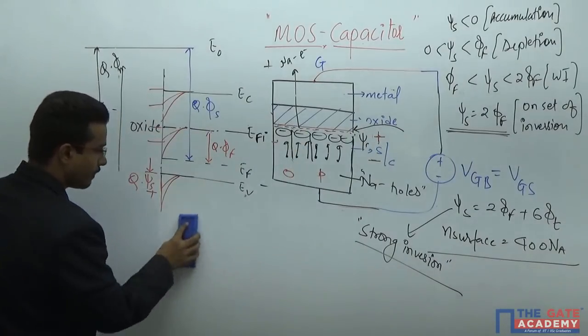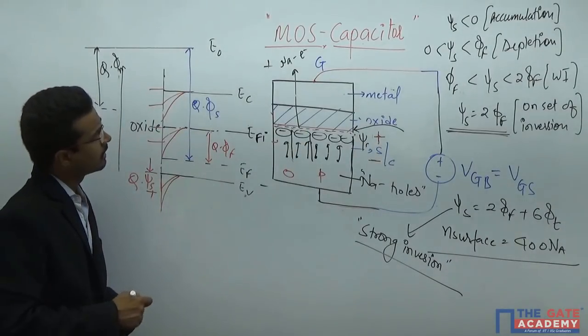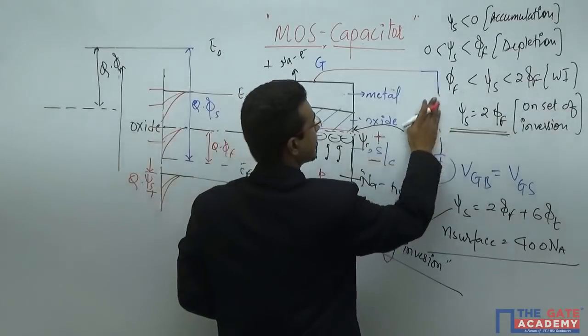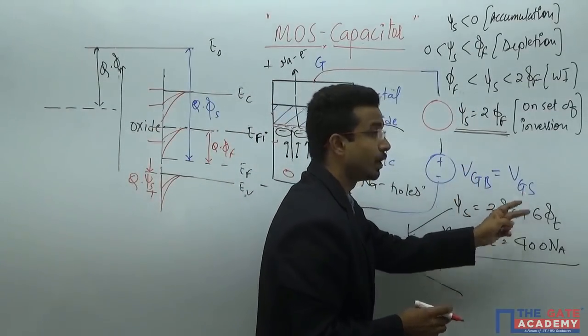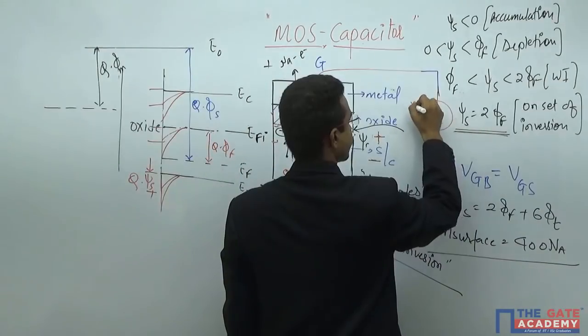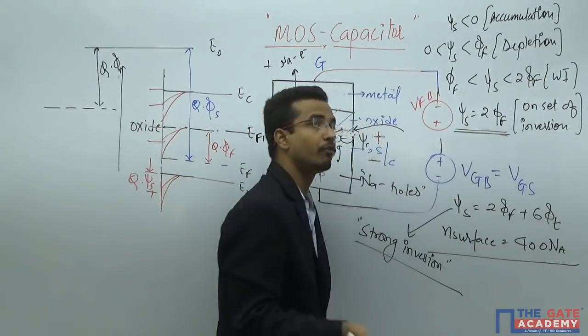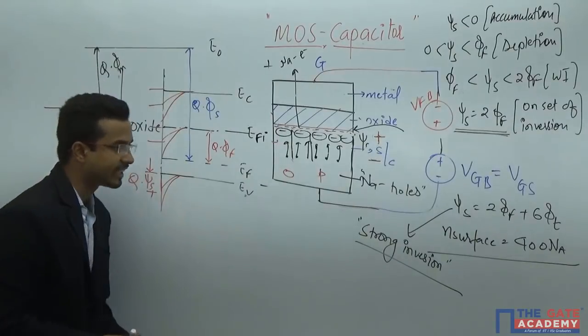Now, if we try to manage this also, how much voltage do you have to apply to get inversion? This is VFB. That means now we will take care of the non-ideality also.